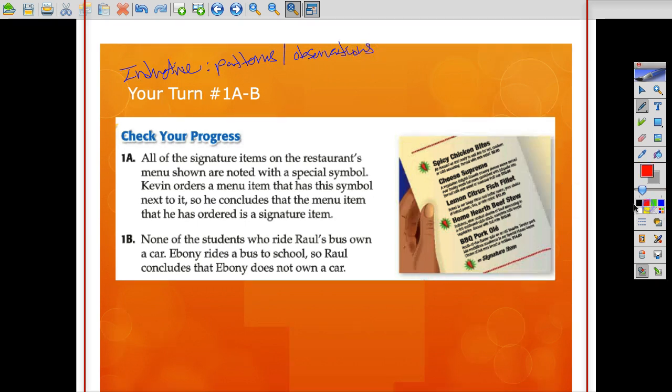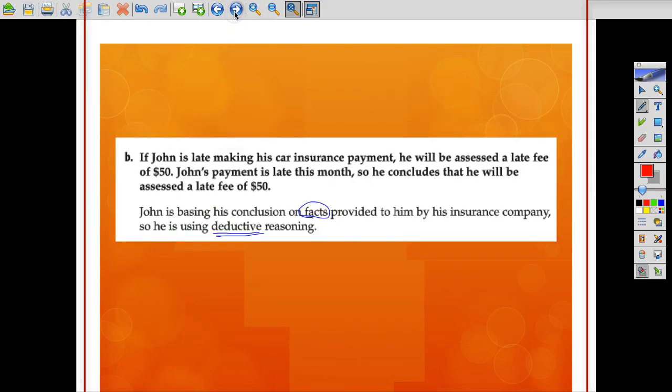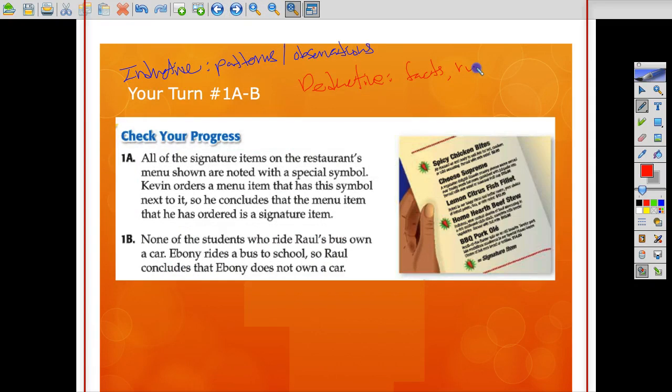Deductive: based on facts, rules, definitions, and properties. Okay, so go ahead and do 1A and 1B. Come back when you're done.